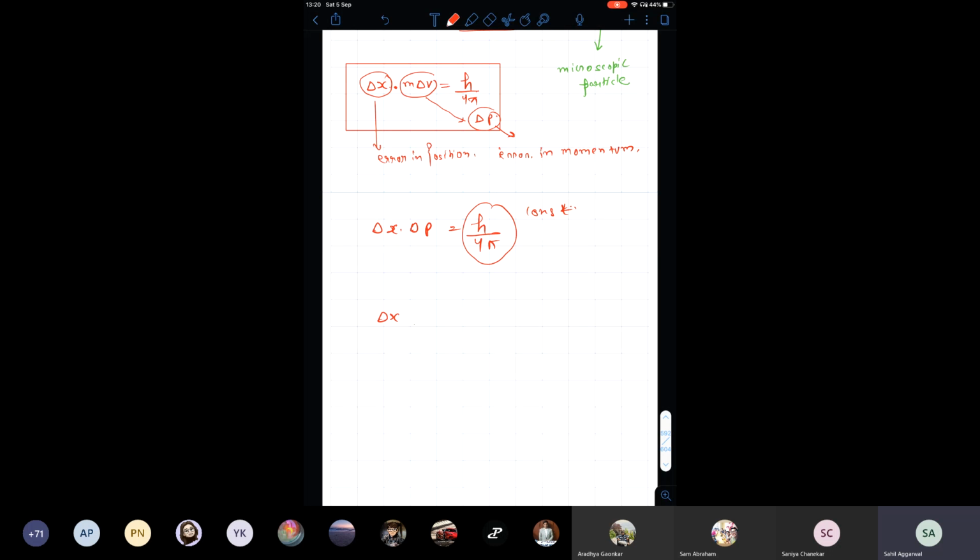That means if delta x increases, delta p will decrease. When delta x becomes 0, delta p will become infinite.